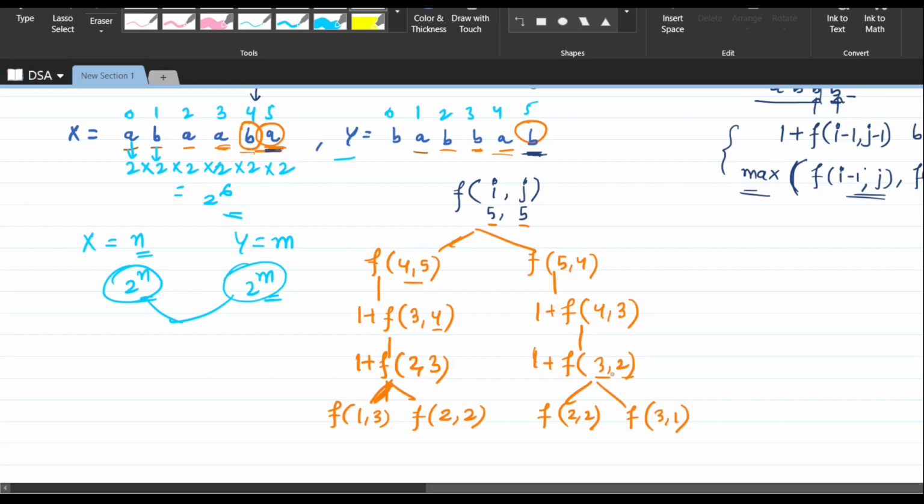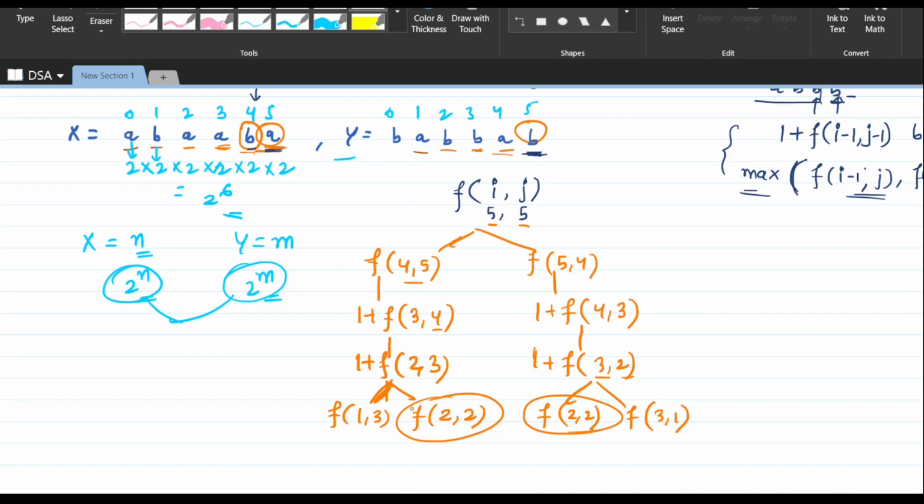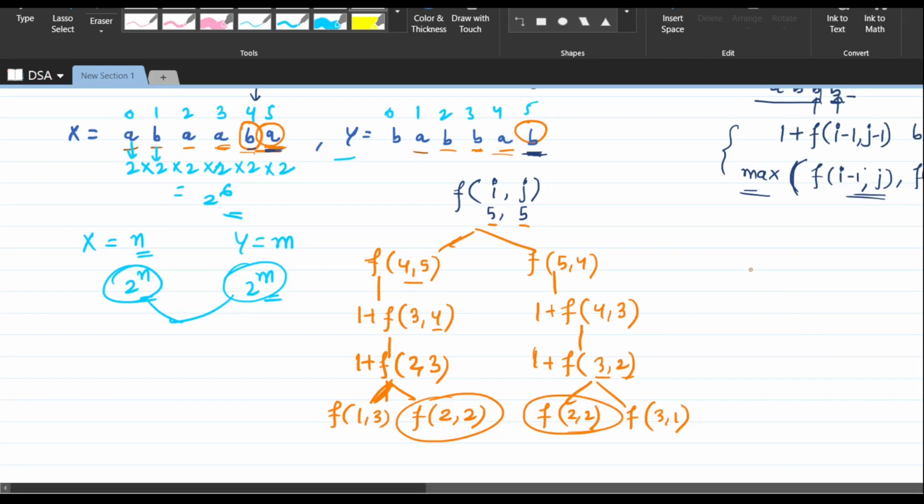So we can see that we have a repeating subproblem here. We are doing the same task on a smaller problem, because initially my problem was f(i,j), but whenever I find the ith and jth index are not equal, then I am making this problem into a smaller problem.